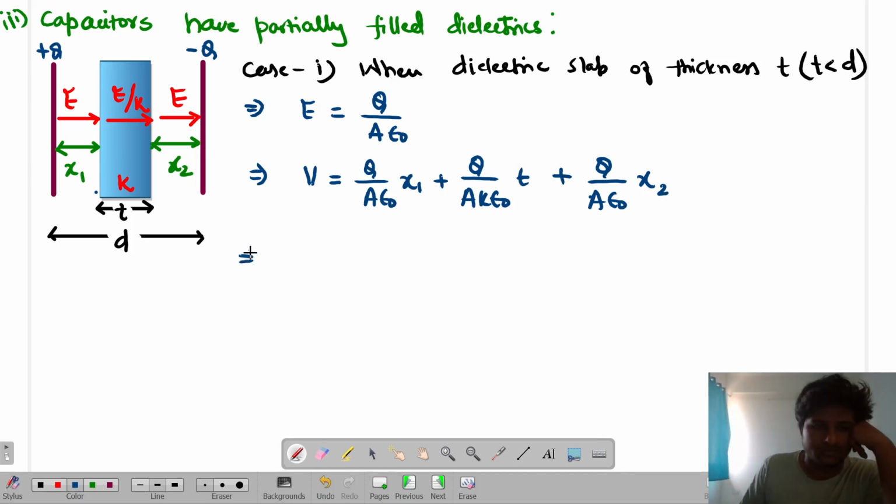So now, what is the formula of capacitance? Q is equal to CV, isn't it?